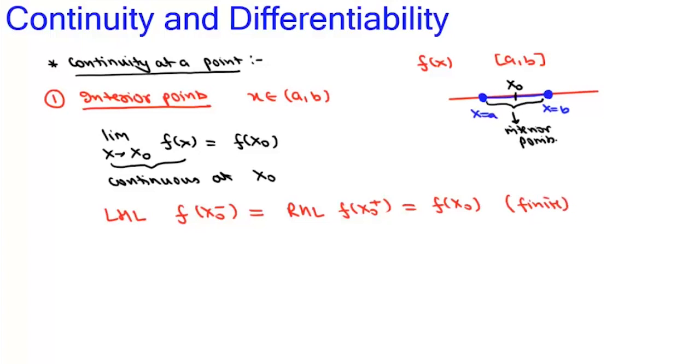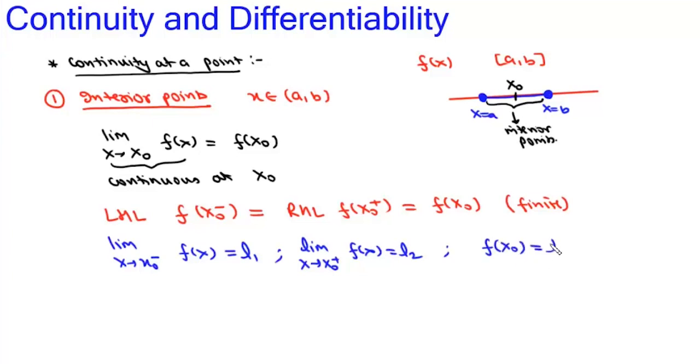So if we have to discuss the continuity of any function at a given point x naught, we write its left hand limit, limit as x tends to x naught negative of f(x), which is L1, then we find the limit as x tends to x naught positive of f(x), which is say L2, and we find the value f(x naught), which is L. Then this limit should finitely exist, and it should be equal to the function value L.